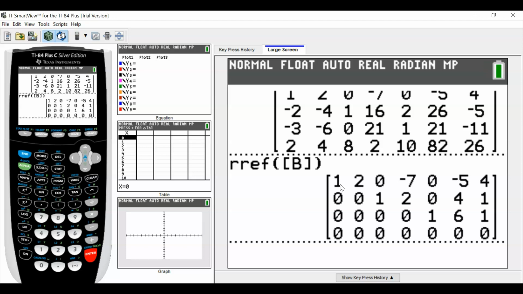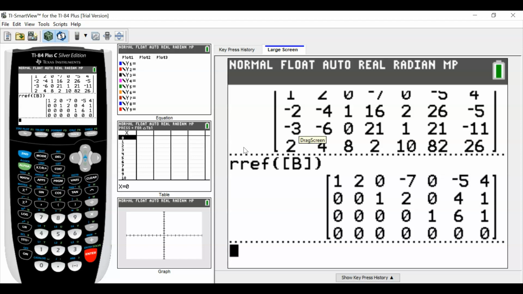And what we see is that we have 3 pivot columns. Let me step back for a second. We have 3 pivot columns, column 1, 3, and 5.